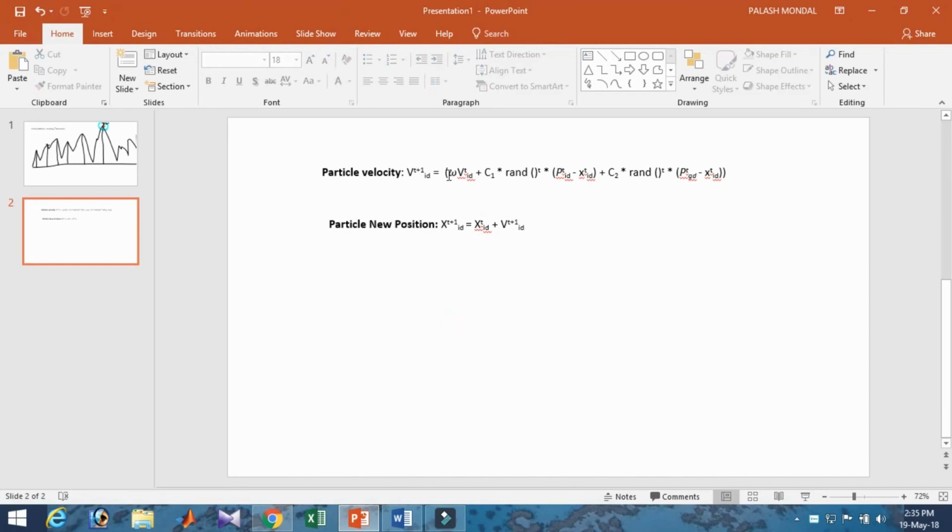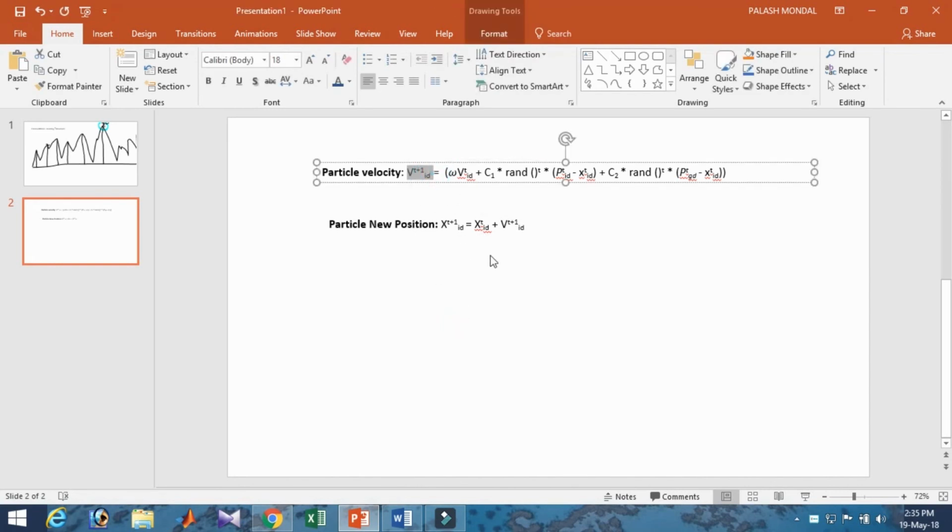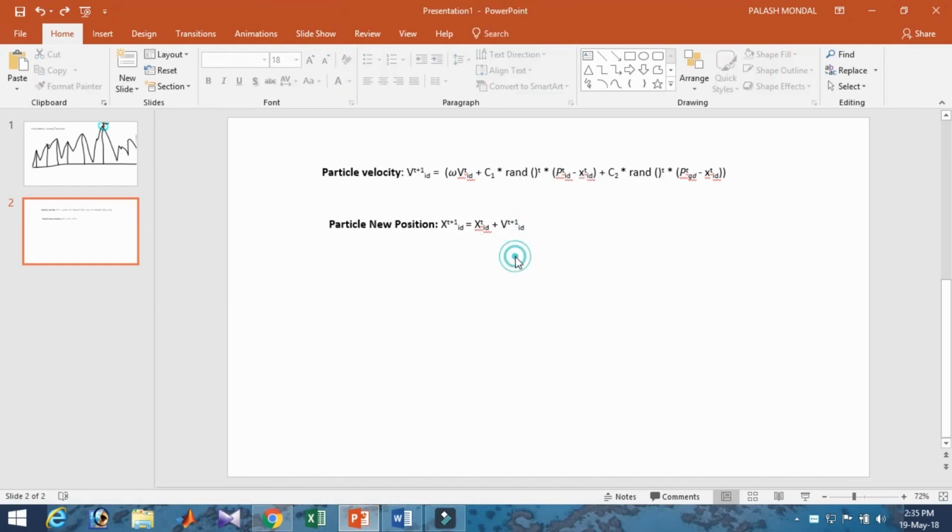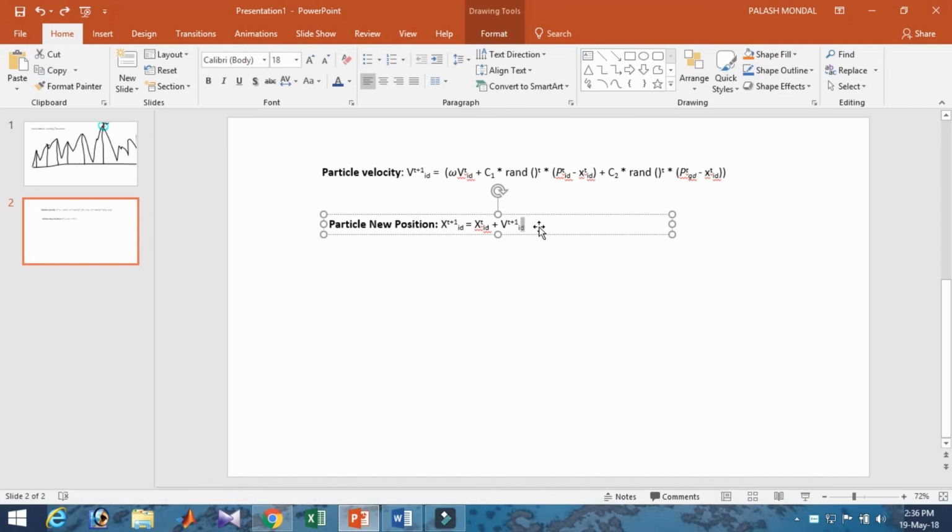When you get the particle's new velocity, the new velocity is added to the particle's previous position, and it gives the particle's new position. This equation gives you the particle's new position. So it is a complete set of equations for particle swarm optimization, with the velocity update as well as the new positions.